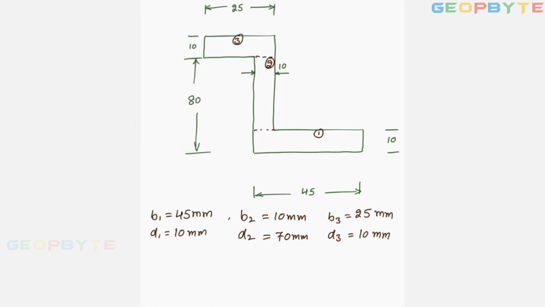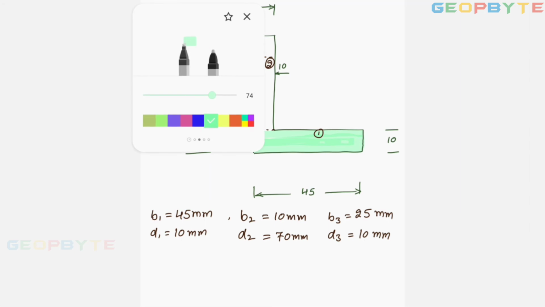So this is my first block, first rectangular section. Second rectangular section is this one.